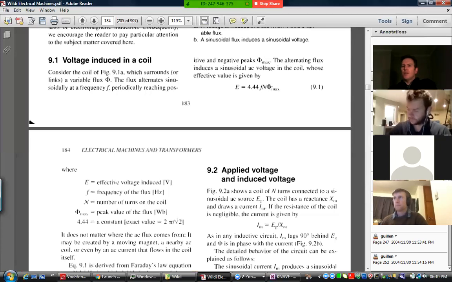So this is giving us a relationship between an RMS voltage and a peak flux, not an RMS flux. The reason, as they explain here, is that they want to use the peak because if you're designing the transformer, that peak mustn't be in the saturation region. It must be before it saturates.